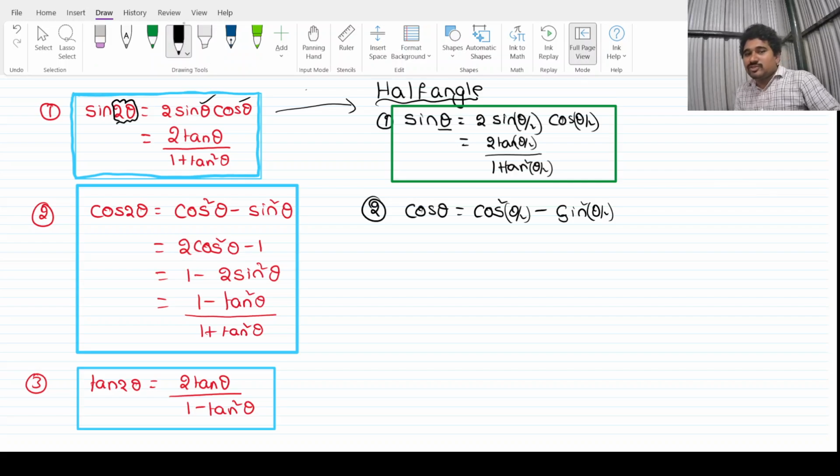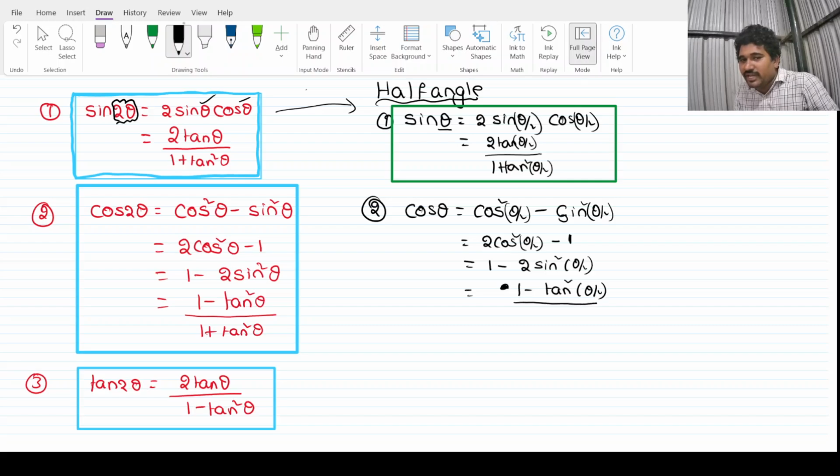Let's see now. Similarly here, I think you are asking this. I'll show you that after this formula it will come: 2 cos square theta by 2 minus 1, or 1 minus 2 sine square theta by 2, or 1 minus tan square theta by 2 over 1 plus tan square theta by 2. Understand?